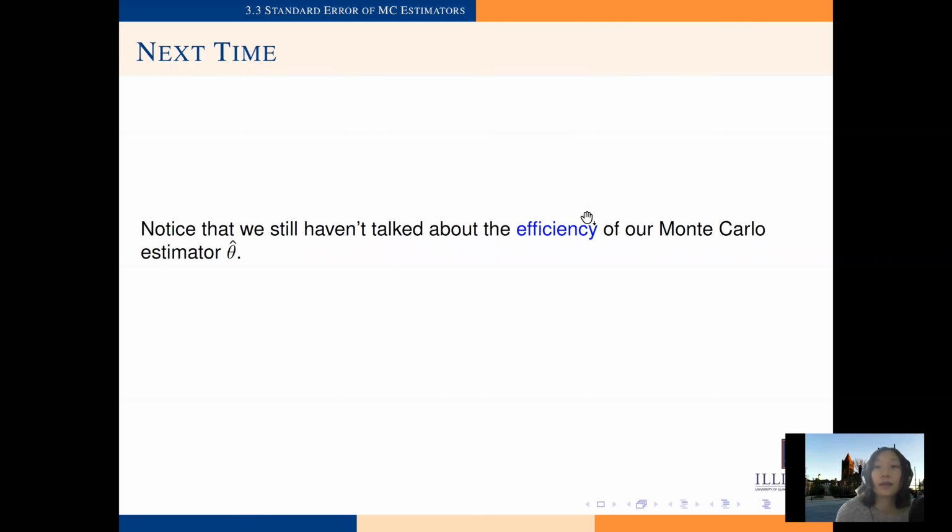Okay, so we have talked about how we can use the uniform density to have a simple Monte Carlo estimator for bounded and unbounded integrals. We have also seen how we can approximate the standard error for theta hat, our Monte Carlo estimator. Notice that we still haven't talked about the efficiency of our Monte Carlo estimator.